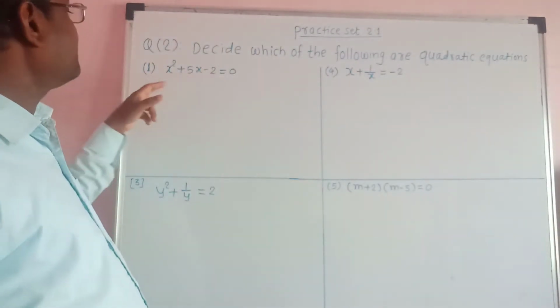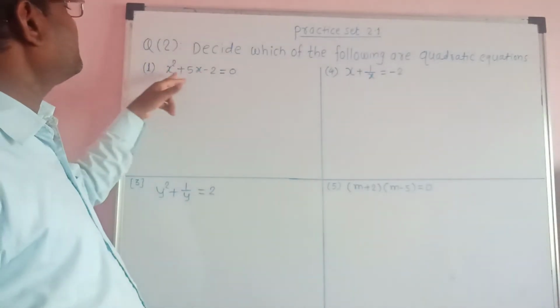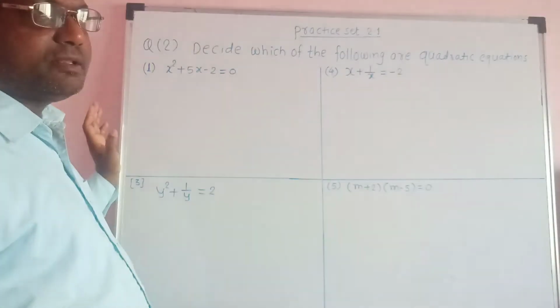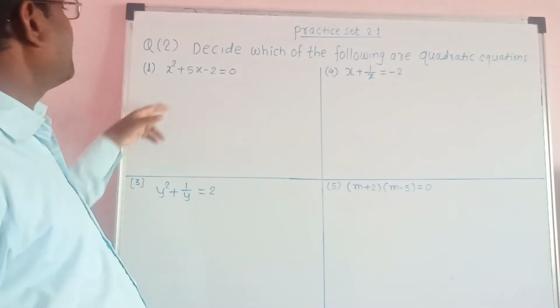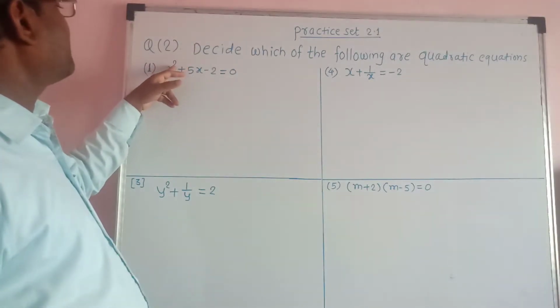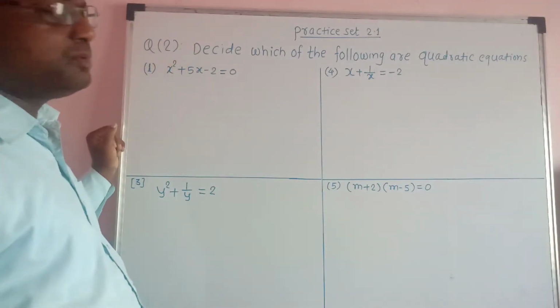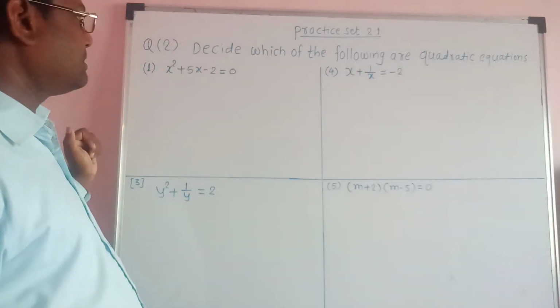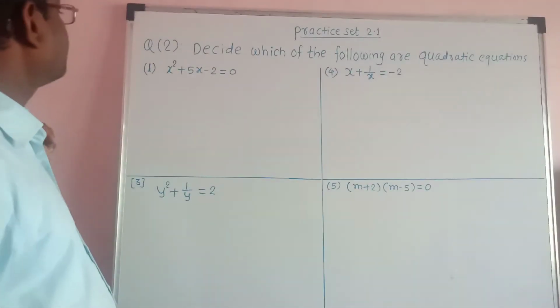See this example. In this equation, x is the only variable and the highest index of this variable is 2. Therefore, this is a quadratic equation.